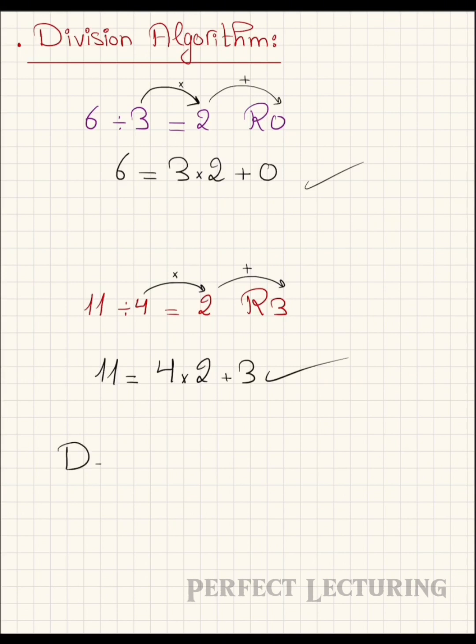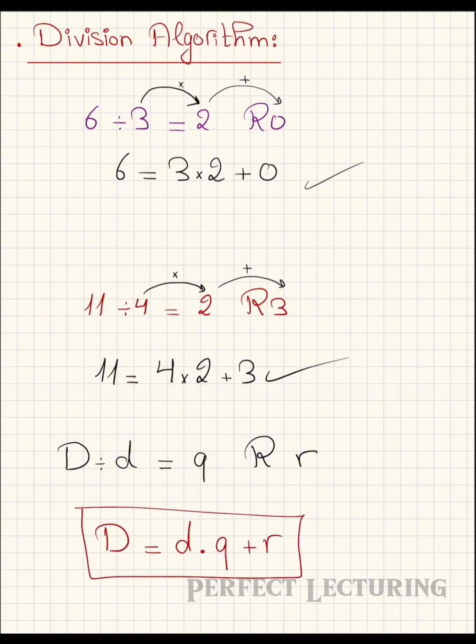If I am dividing capital D by small d, and the answer, let's call it Q, and the remainder is R, then in general I must have the following: capital D must be equal to small d times Q plus the remainder R. That is the division algorithm.